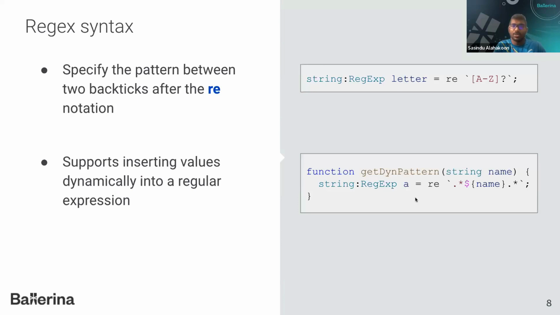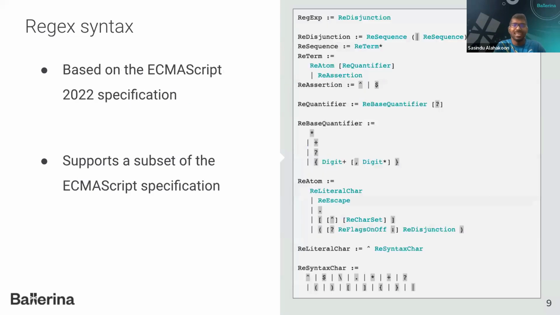In this example, you can see that the regex pattern is constructed by inserting the function argument dynamically. Important to note that Ballerina regular expressions are based on the ECMAScript 2022 specification with support of a subset of ECMAScript syntax.